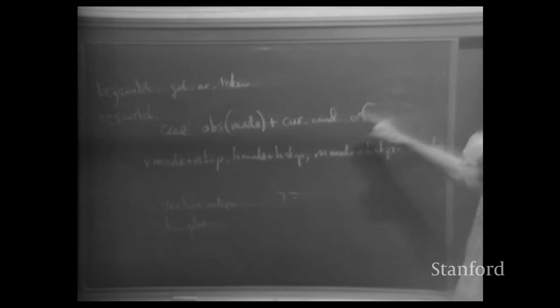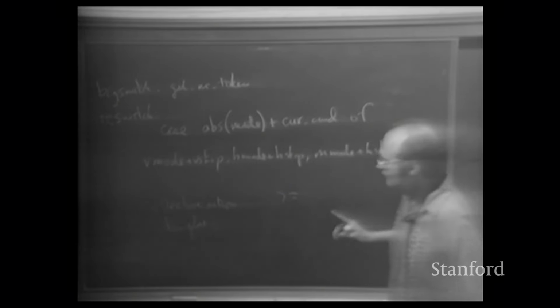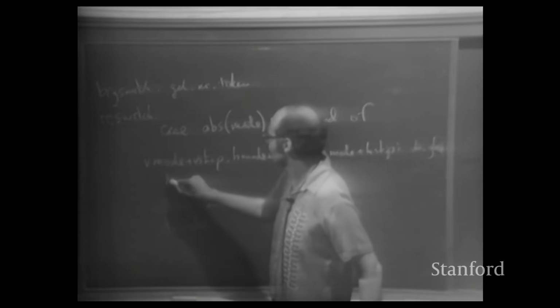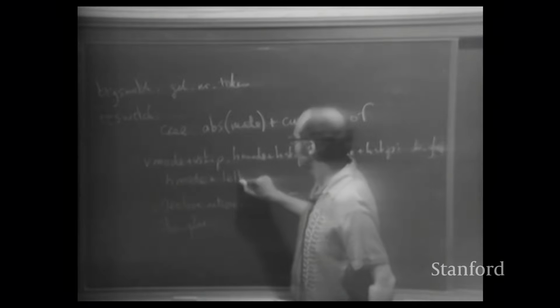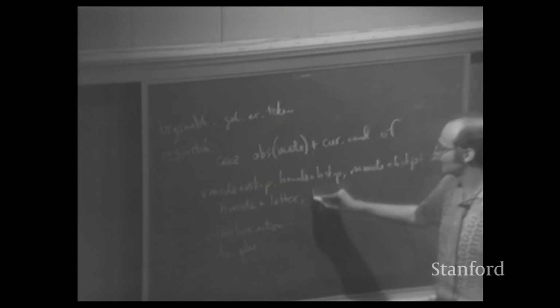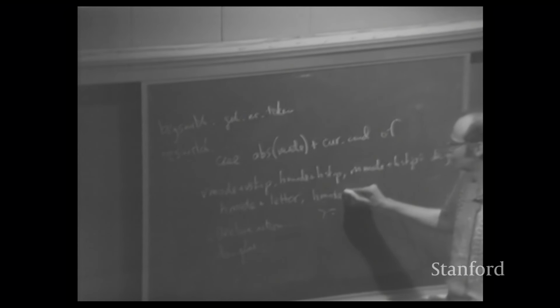So main control consists mostly of this case statement and calls on procedures. The only exception is those cases that are really in the mainstream for the inner loop, something like, for example, hmode plus letter, hmode plus other char.